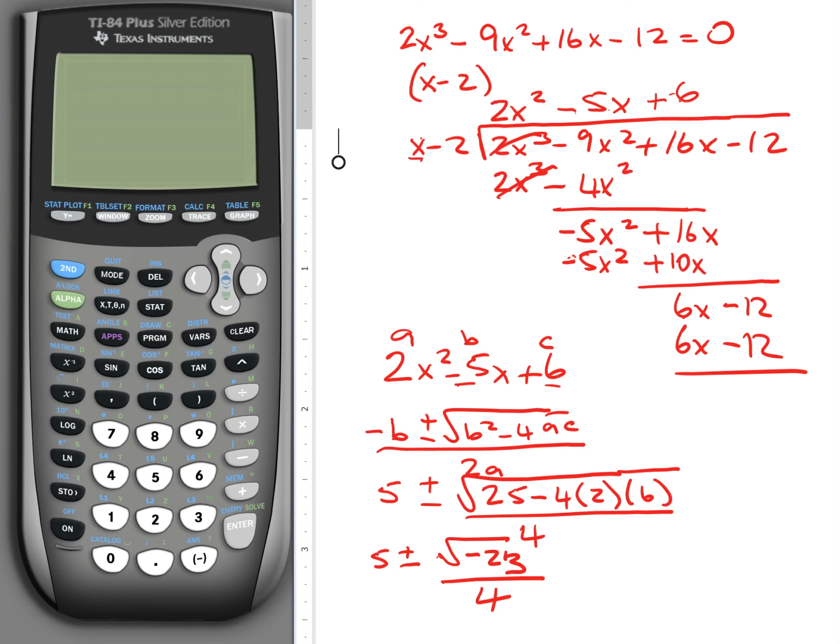So that means that's an imaginary number, because you can't have a square root of a negative, so it'll be 5 plus or minus the square root of 23i over 4. I guess you'd separate it out, so it'll be 5 over 4, and we'd get plus or minus the square root of 23i over 4, and that is J.